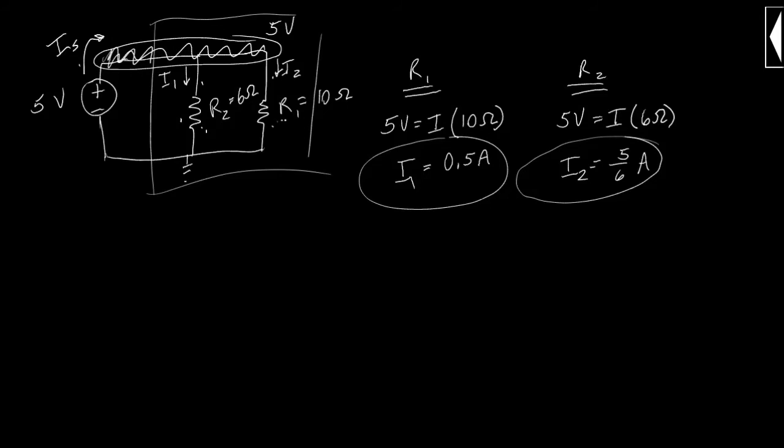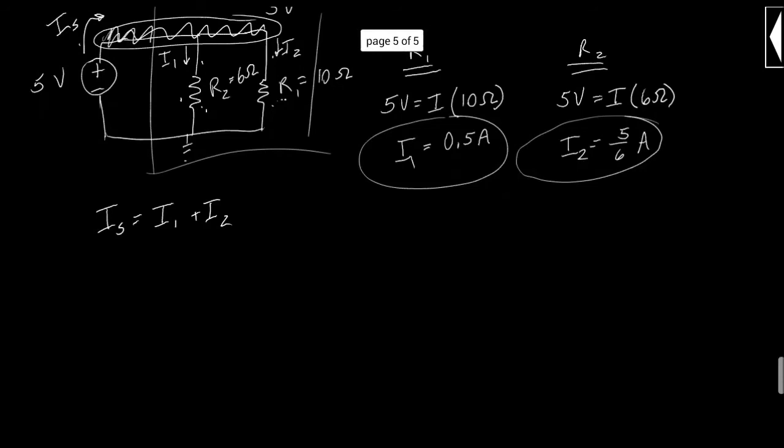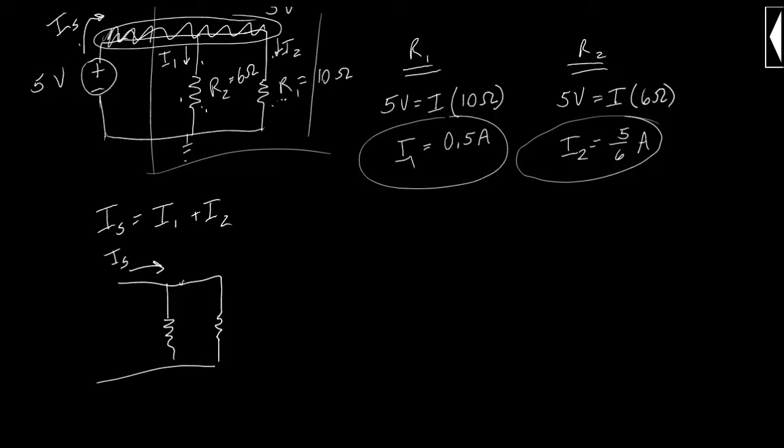So to find IS, we just add them together, because the current can only go two places. Here's coming from the source, here's to one resistor, here's to the second resistor. This is your source voltage. It can only go down this path or down this path.